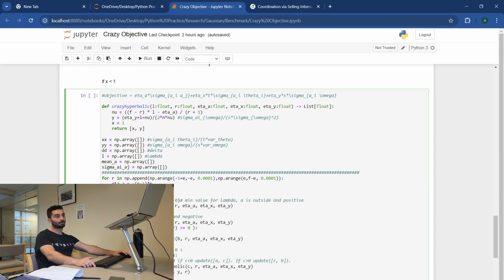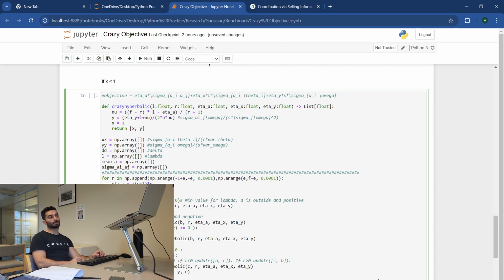Crazy hyperbolic. One thing that makes me worried is that actually it's not true. Geometric is just for intuition.